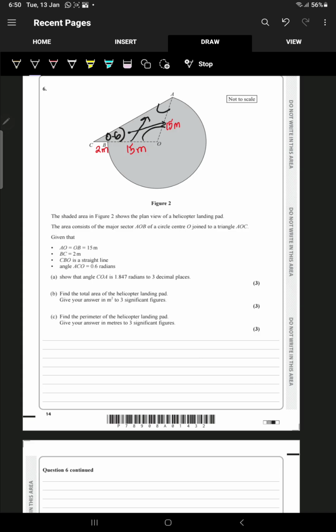We can use the sine rule here. If we can find this angle over here, we can use the property that the angles in a triangle add up to 180 degrees, and then subtract this and this angle to find our target angle.